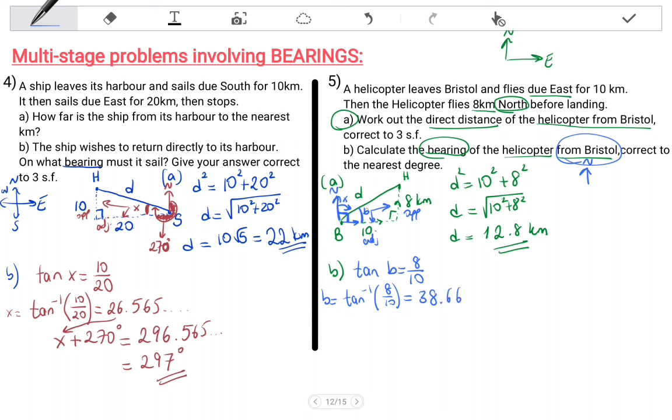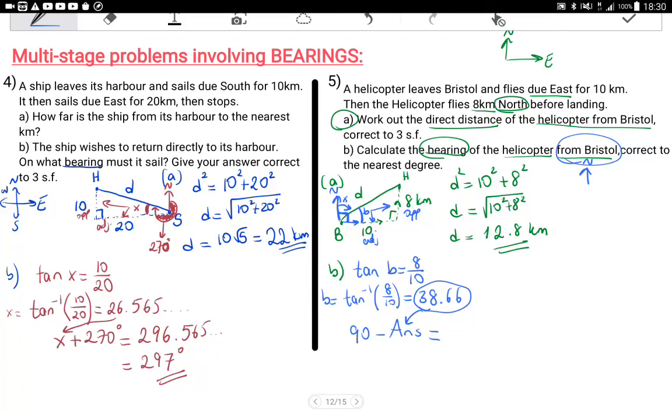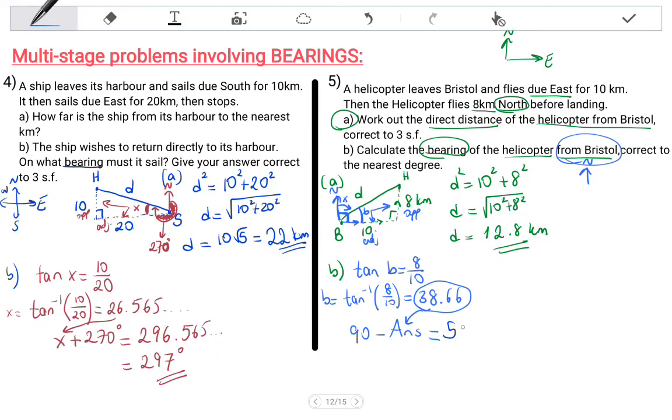Then, as I told you, take this answer, so don't change it, keep it on your display, and write 90 minus ans, which is 38.66. This is on the memory of the calculator. You will get the wanted angle 51, and the bearing of helicopter from Bristol correct to the nearest degree is 051.